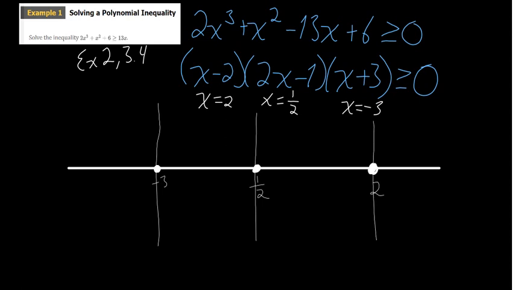If you recall when we did this, I guess it was section 3.4, what we're going to do is get a test point. This interval to the left of negative 3 would be from negative infinity to negative 3.